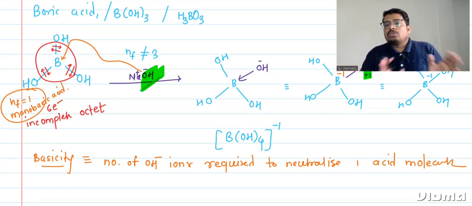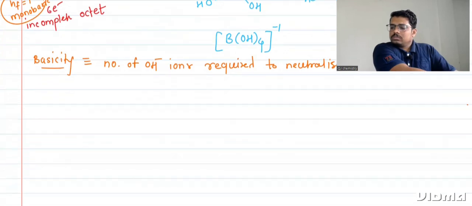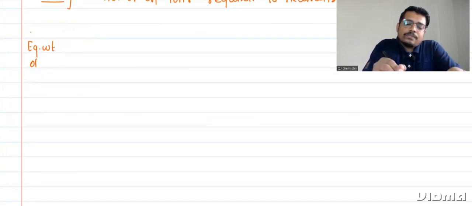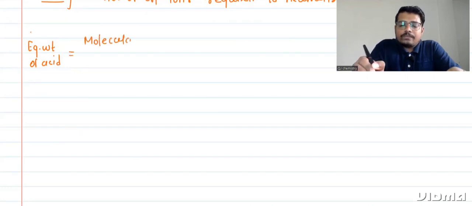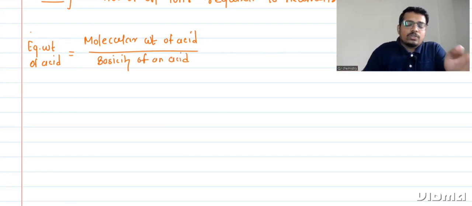Now we'll discuss how to find the equivalent weight of an acid. There is a formula to calculate it. The equivalent weight of an acid is equal to its molecular weight divided by the N factor, that is, the basicity of the acid.